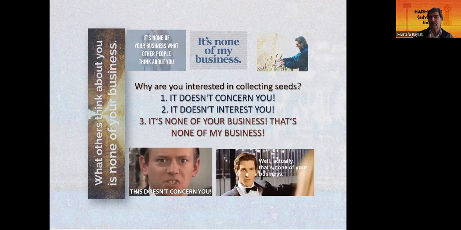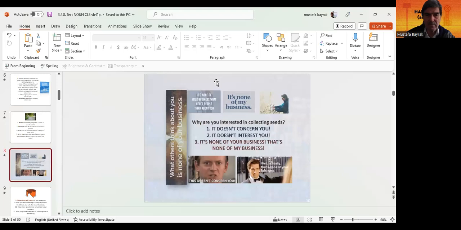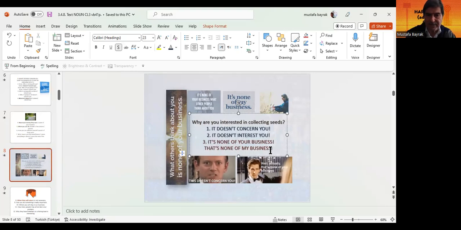Again, it is possible to say, that's none of my business, that's none of their business, that's none of Ahmet's business, etc. Let me take it to the bottom. Okay, in parentheses, it's also possible to say like this.